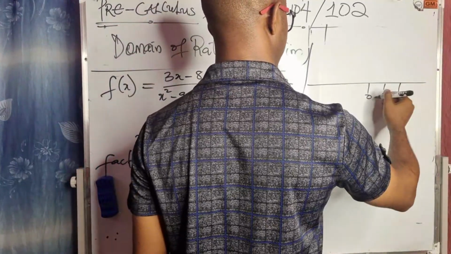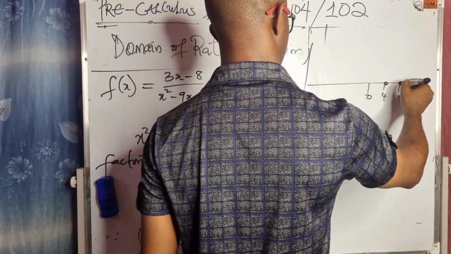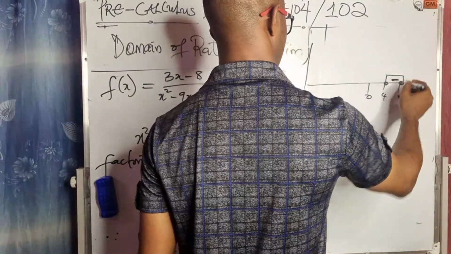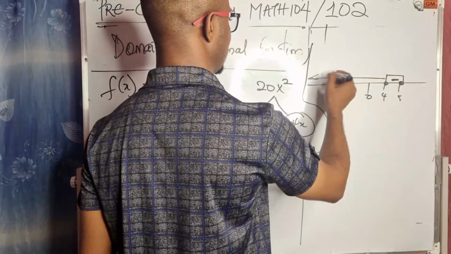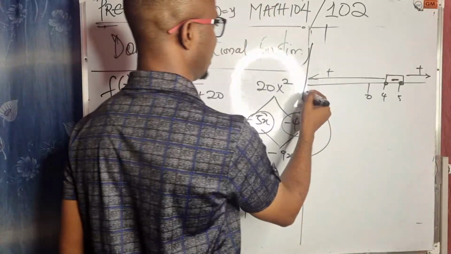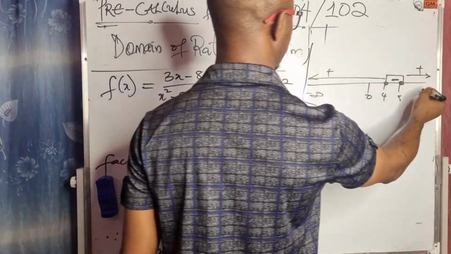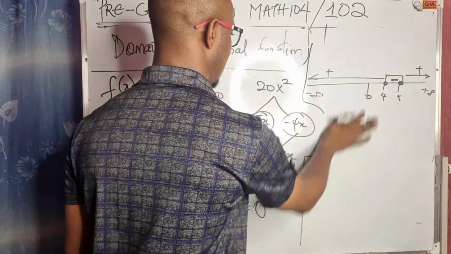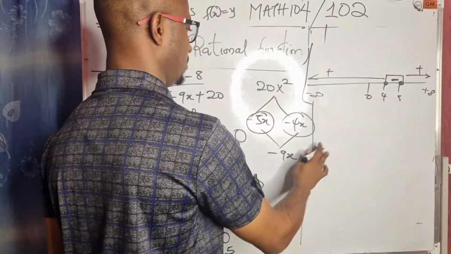And we have what? 5. So the numbers we are excluding are these two, right? We are excluding these two. So that means we are adding up all these numbers. Here we have negative infinity. Here is what? Positive infinity. So that means that our domain will be what?